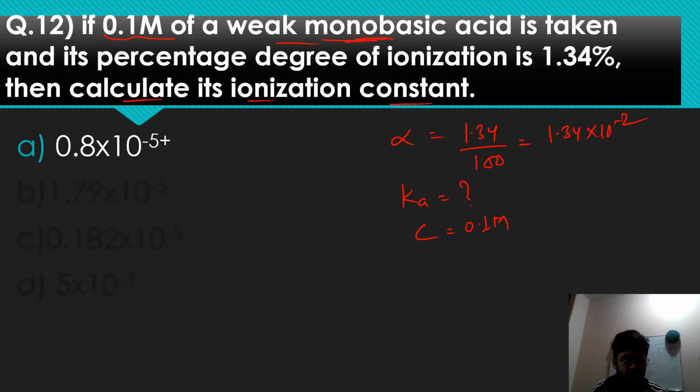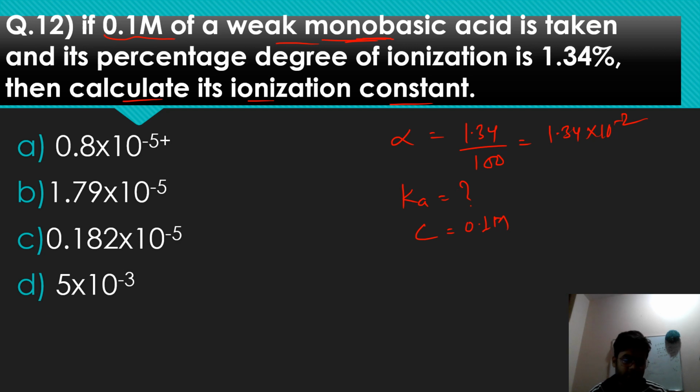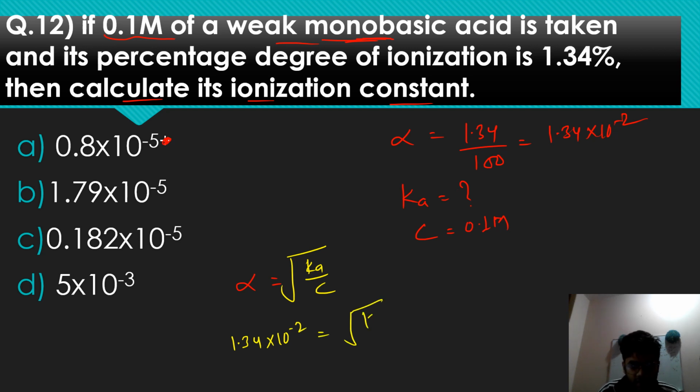Here are the answer options: 0.8 into 10 to the power minus 5, 1.79 into 10 to the power minus 5, 0.182 into 10 to the power minus 5, 5 into 10 to the power minus 3. So we can calculate the ionization constant Ka. According to Ostwald's dilution law, alpha equals root under Ka by C. Here alpha is 1.34 into 10 to the power minus 2, and the concentration is 0.1.